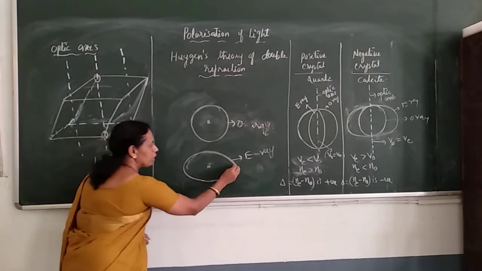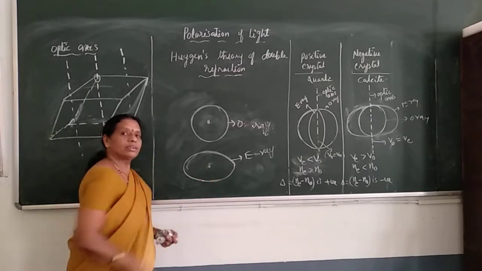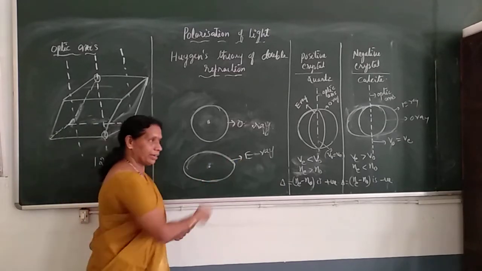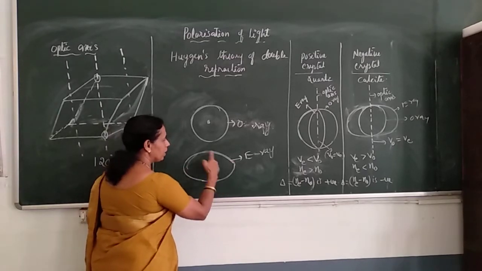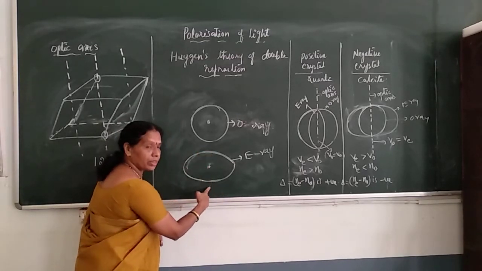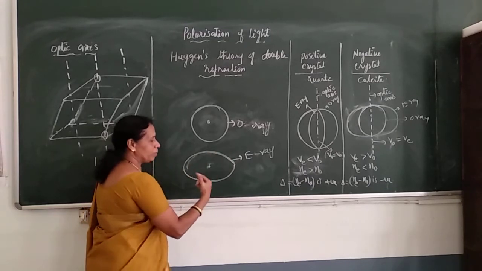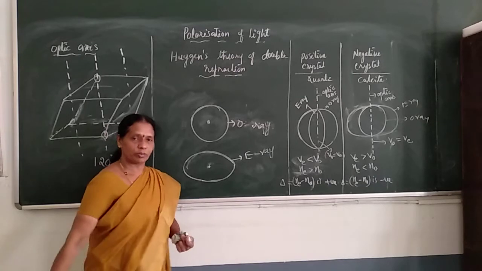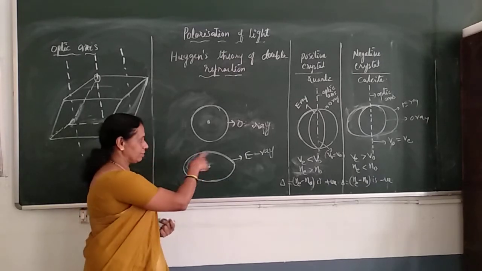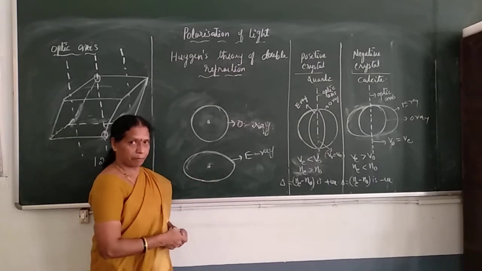Why elliptical? Because the speed of the E ray is different in different directions. Along one direction the speed is maximum, along another direction the speed is minimum, and in all other directions the speed is in between these two. This E ray travels at different speeds, so its wavefront is elliptical in shape.